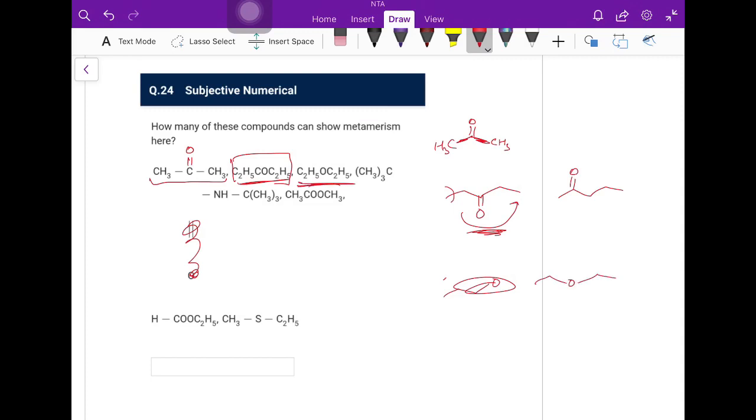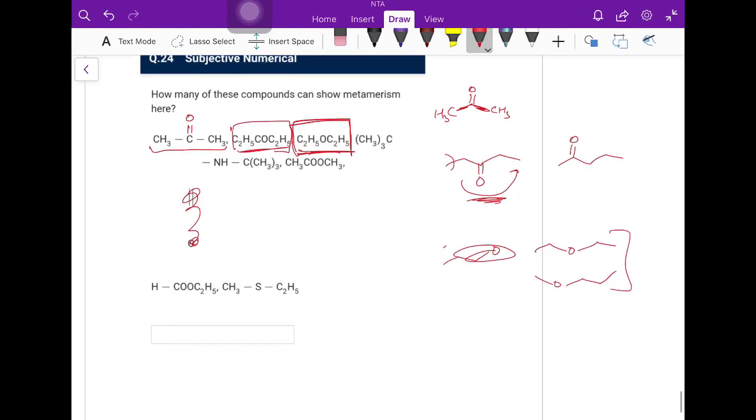This is the given ether. Again you can take one carbon and put it to this side, so this will form the oxygen. Both sides have different carbons, so this will form a metamer. This group has N with one hydrogen, and this has 3 hydrogen, this has 3 hydrogen.